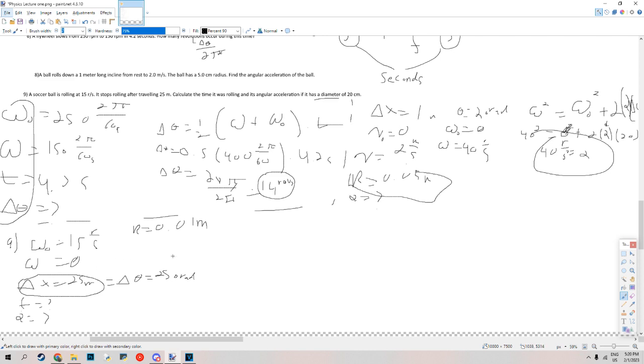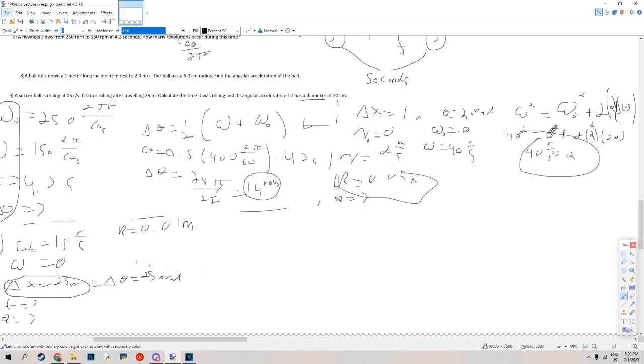That's the same equation as this one here, right? So we have final angular velocity squared is equal to initial angular velocity squared plus 2 by angular acceleration by delta theta.